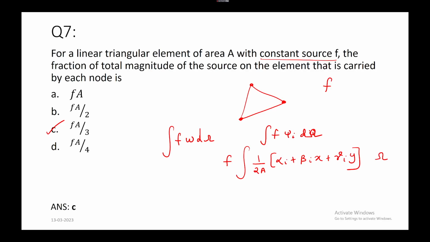So if you try to evaluate it, you can see that this will turn out to be fA by 3. So how we are going to evaluate is alpha i, we can simply take it out. So let us say it's dx dy.